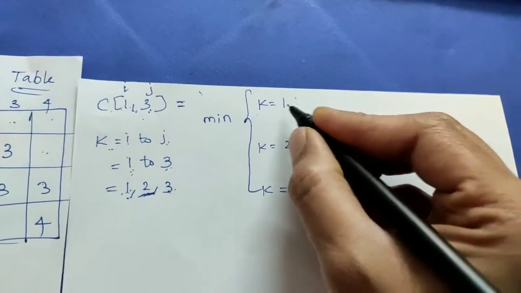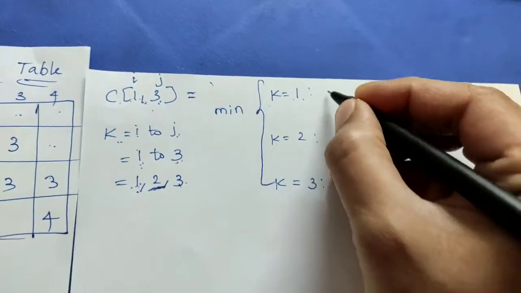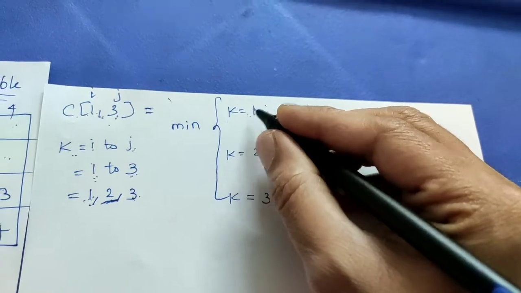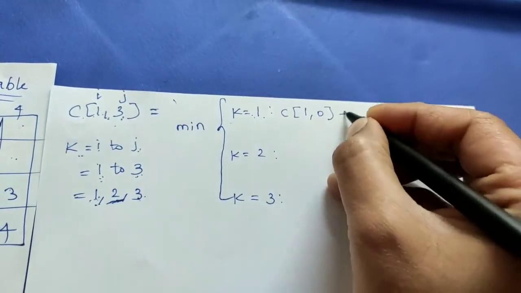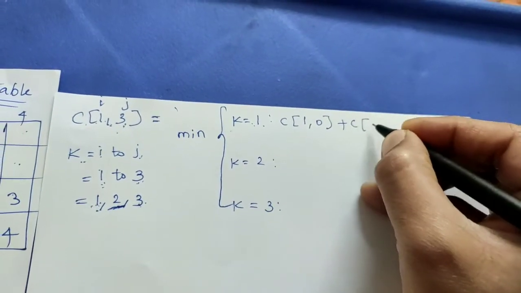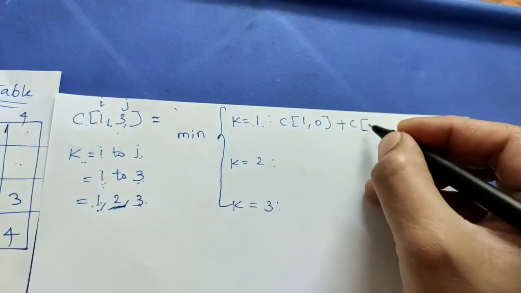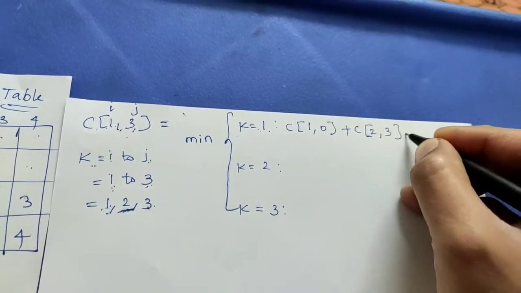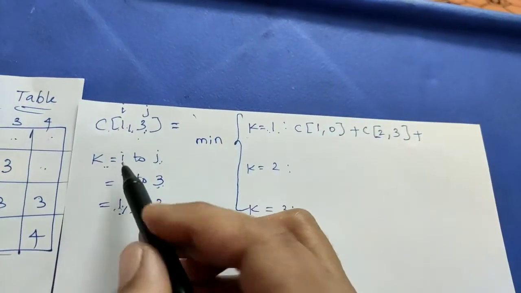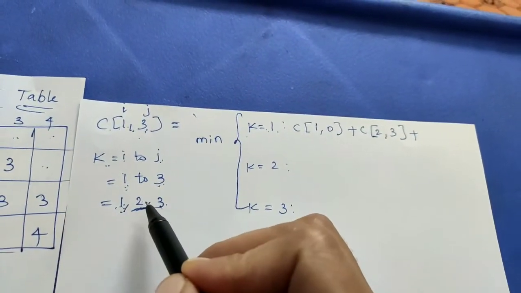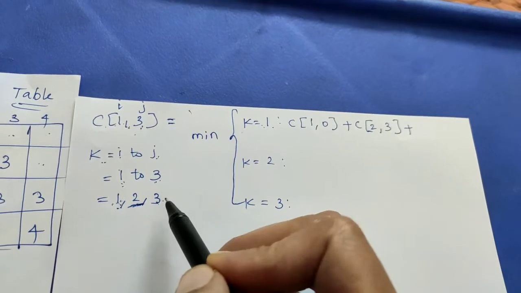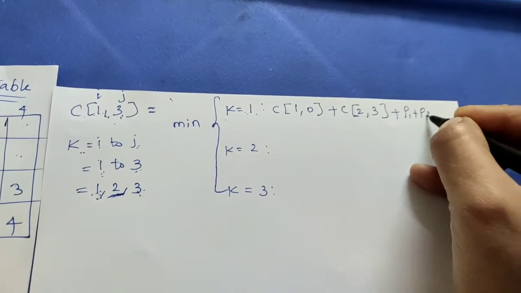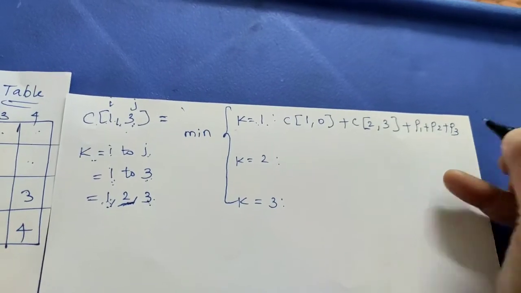So let us try for k is equal to 1, that is C of i, k minus 1, 1 minus 1 is 0, plus cost of k plus 1, 1 plus 1 is 2, comma j, which is 3, plus probability of first item plus probability of the second item plus probability of the third item. So P1 plus P2 plus P3 you need to add.